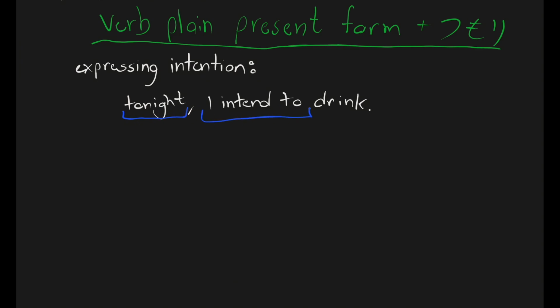I intend to, or I intend, is the tsumori ending, and to drink is the verb. So drink is nomu, I intend to is the ending, and tonight is konban.